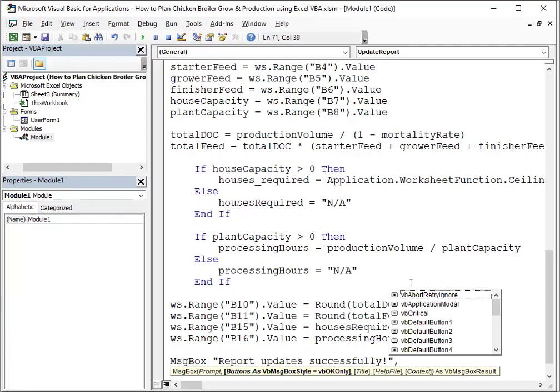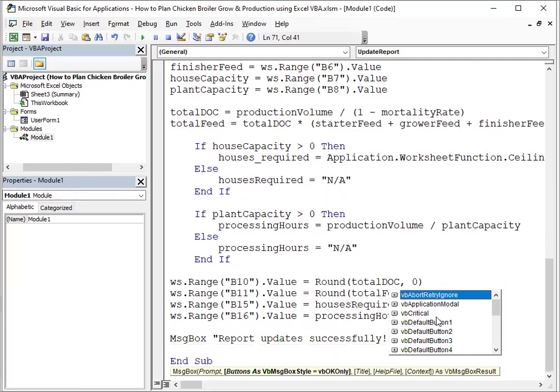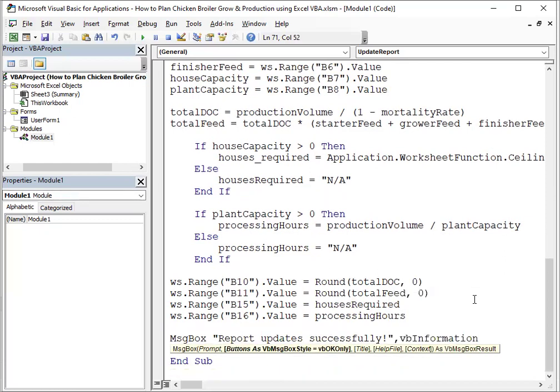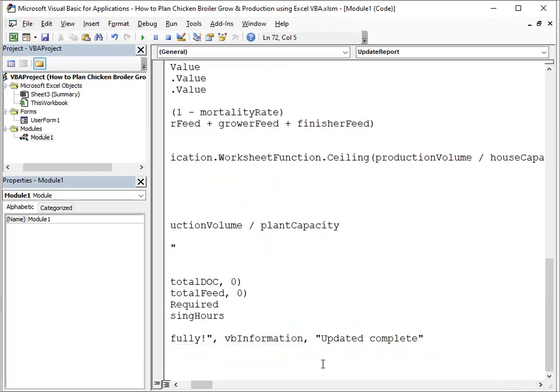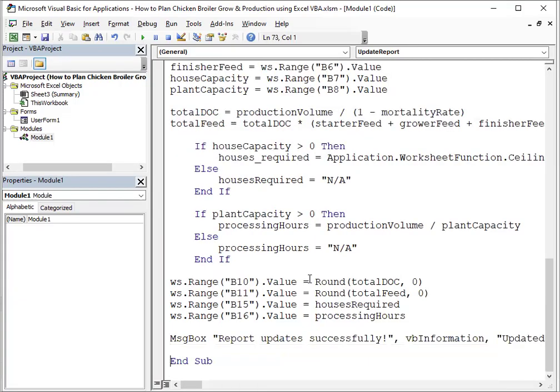Then vbInformation, comma, update complete, then quotation mark. Then End Sub.